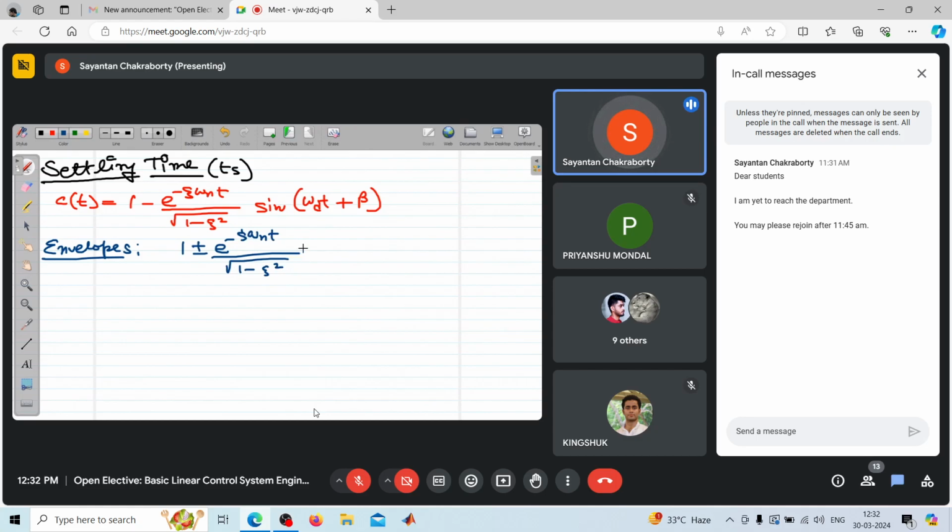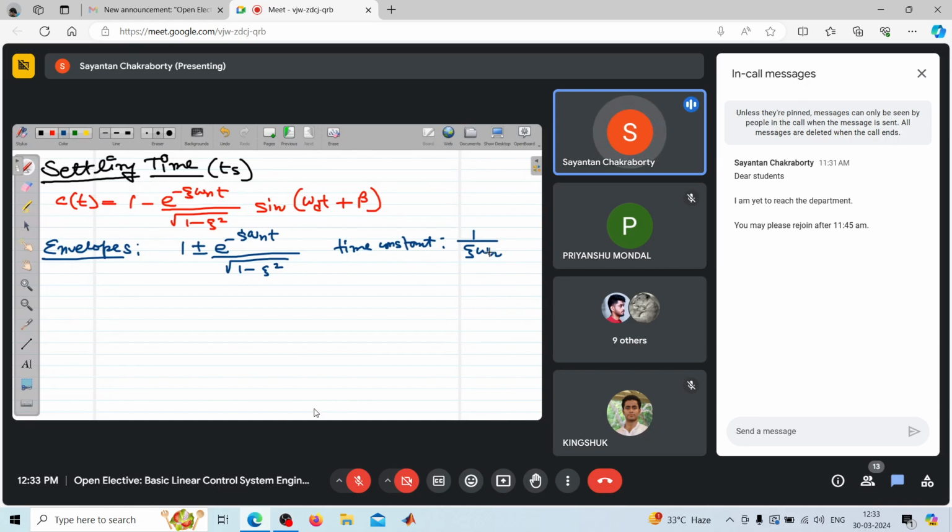And the time constant for these envelopes will correspond to the factor associated with the exponential time. So this is the time constant. It tells how fast or how slow the envelope will decay down.